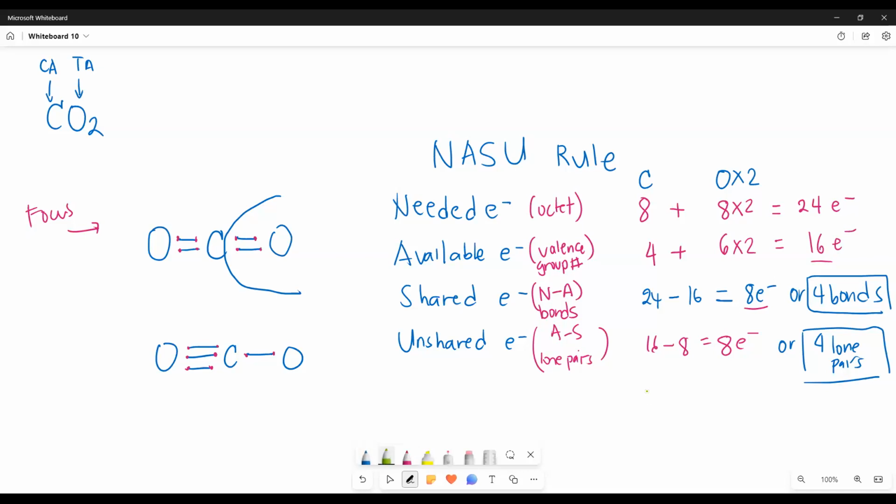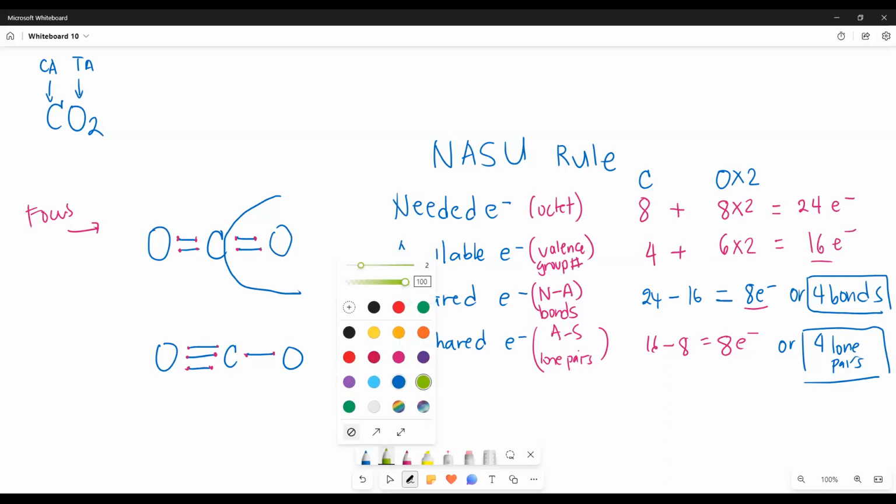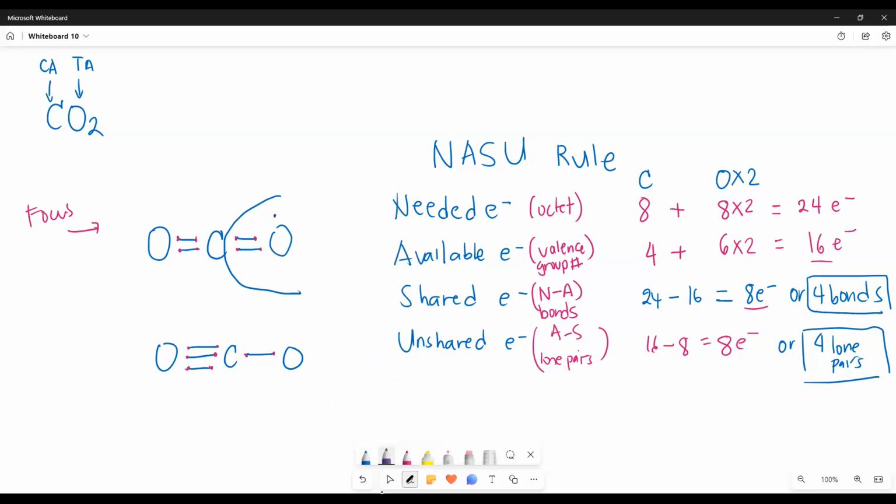I will use a different color for that one, maybe violet. You have 4 electrons here and you still need 4 more. So how many lone pairs is that? You need 2 lone pairs. That's correct. If we count again, does it follow the octet rule? We have 1, 2, 3, 4, 5, 6, 7, 8. It is already an octet.